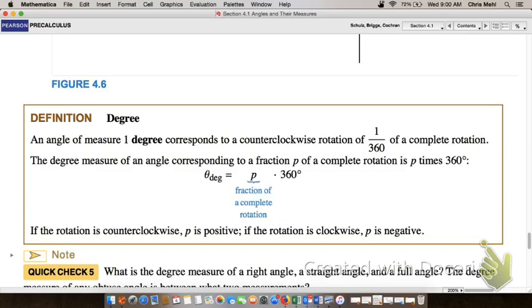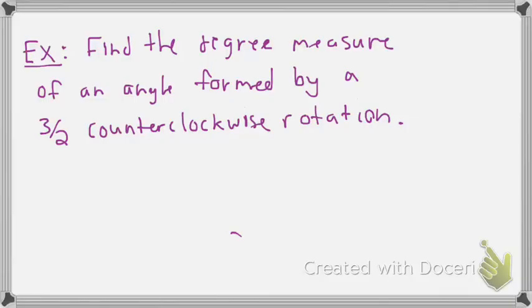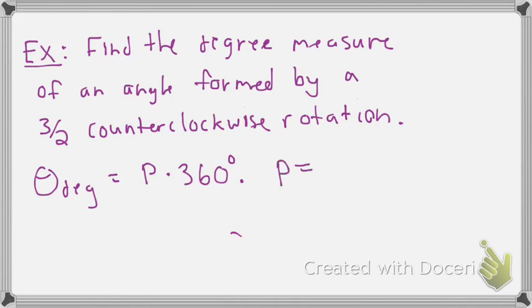Okay, so for example, let's find the degree measure of an angle formed by a 3/2 counterclockwise rotation. This means you are rotating 1.5 times the complete rotation in the counterclockwise direction. Again, remember theta in degrees is the fraction of the rotation p times 360 degrees. Since we're rotating counterclockwise with a 3/2 rotation, our p remains positive 3/2.